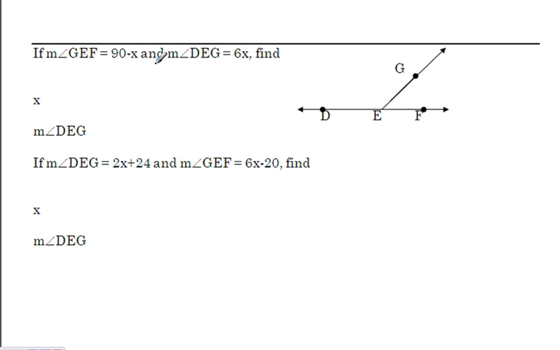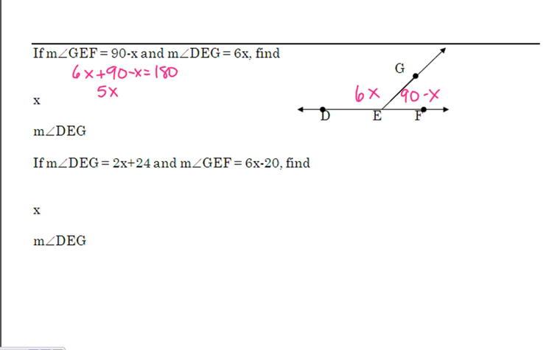So here we have a case where angle GEF is an algebraic expression. It's 90 minus x. And DEG is also an algebraic expression, 6x. And then because DEF all lies on a straight line, this is a straight angle, which means that if I add these two together, they must equal 180 degrees. So I'm going to add 6x plus 90 minus x, and that's going to be equal to 180 degrees.